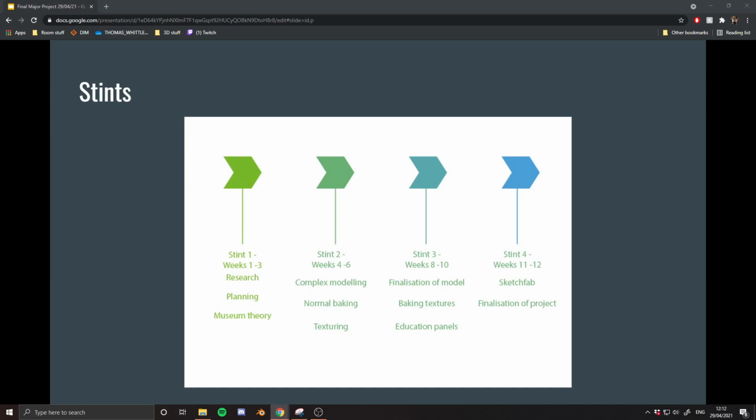Weeks 8 to 10 were finalization of models, then baking the textures, the normals, the bump maps, and starting to create the educational panels in InDesign. Weeks 11 to 12 are Sketchfab and general finalization of the project.